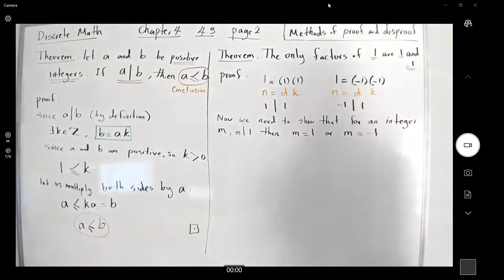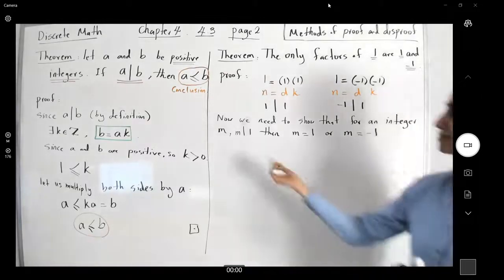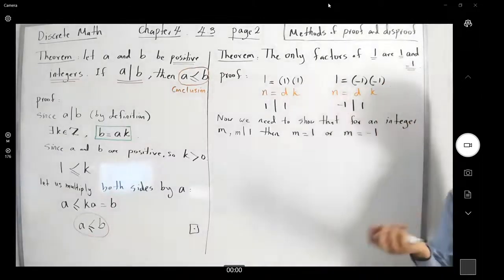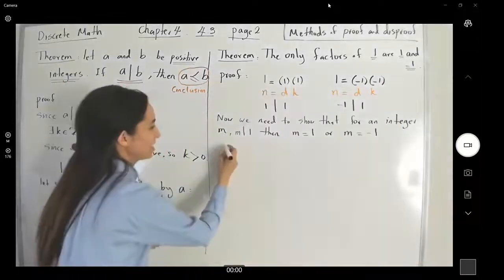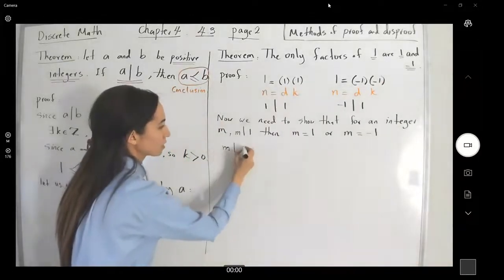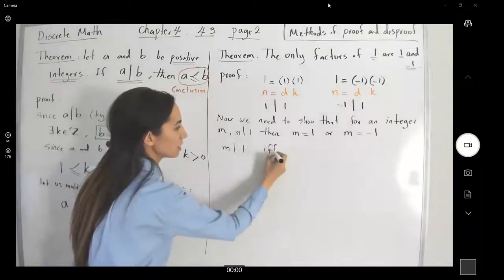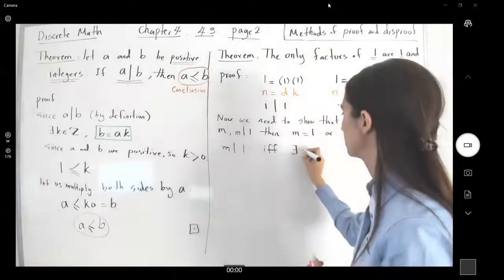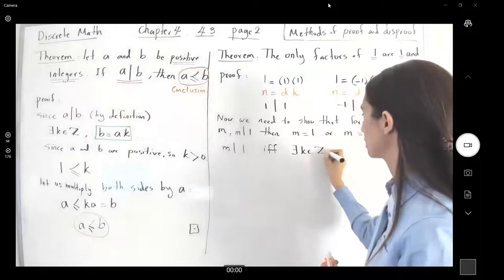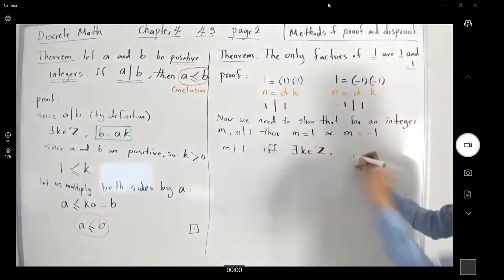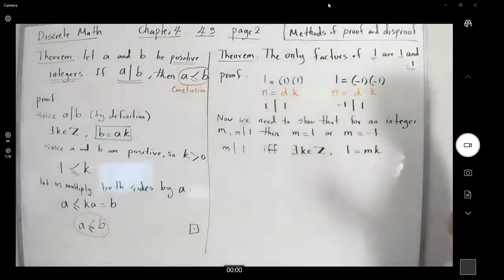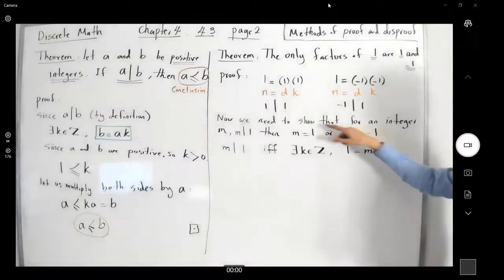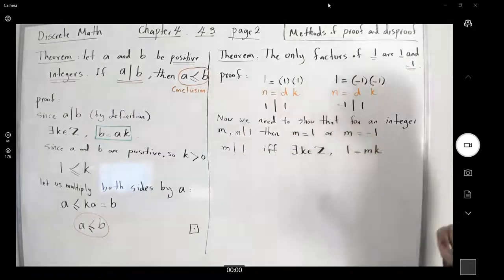So let's see. M divides 1. What's the meaning of that? By using divisibility, m divides 1 if and only if there exists another integer like k such that 1 is equal to m times k. M is just an integer.